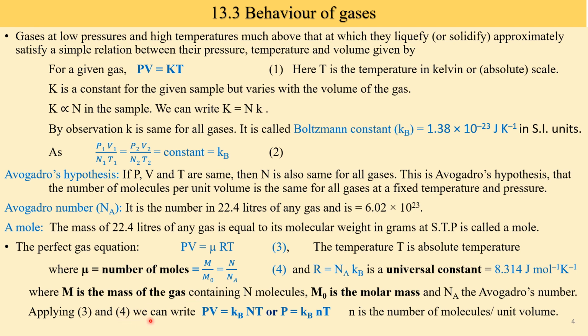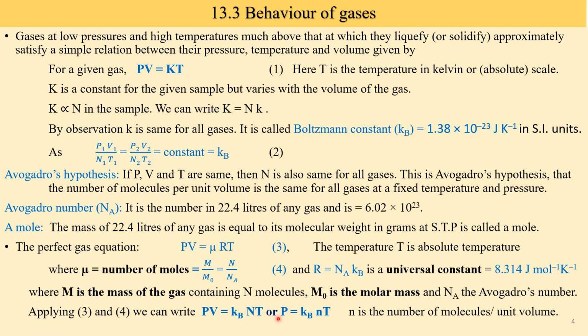Applying equations 3 and 4, we can write PV is equal to Kb into N into T. So pressure times volume equals Boltzmann constant into number of molecules into absolute temperature.